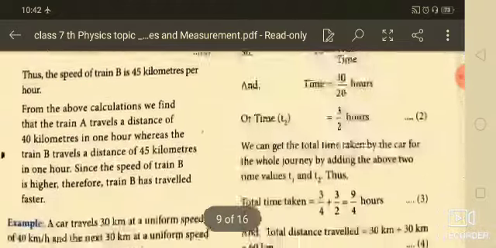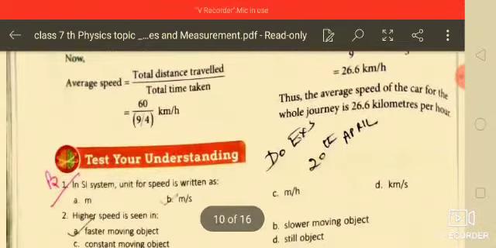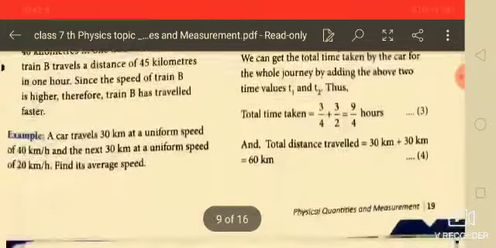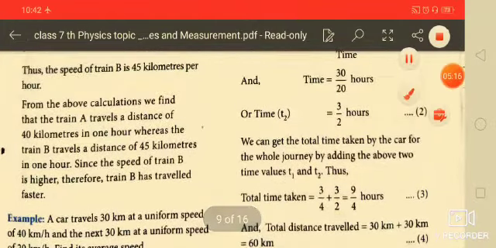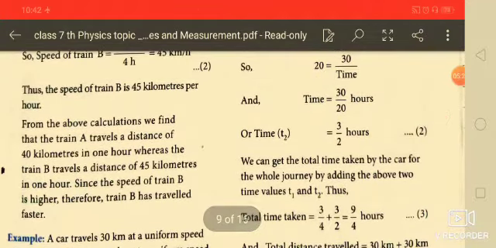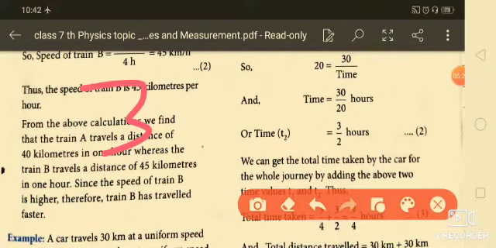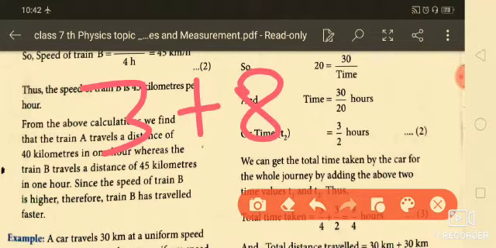Okay, now students, what is average speed? Suppose a car at first covers 3 kilometers, then in a certain time it travels 8 kilometers, and in the next, same time, it travels 1 kilometer.